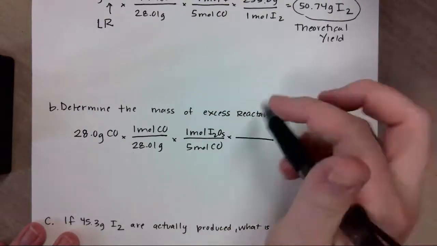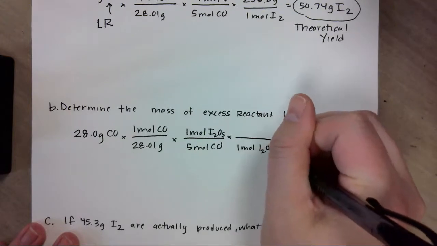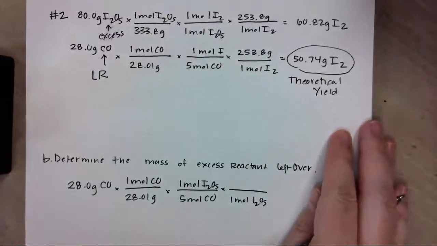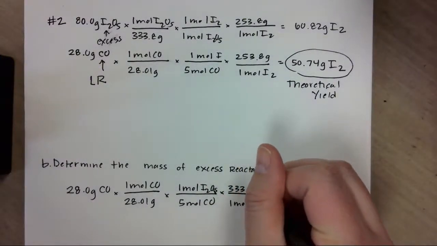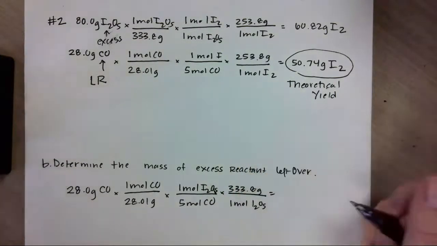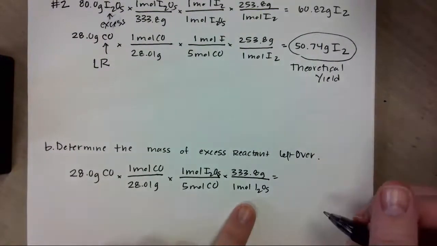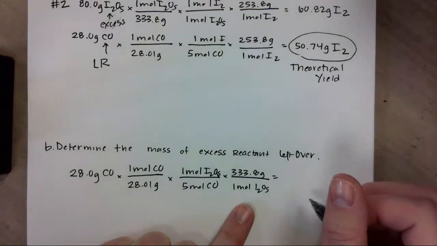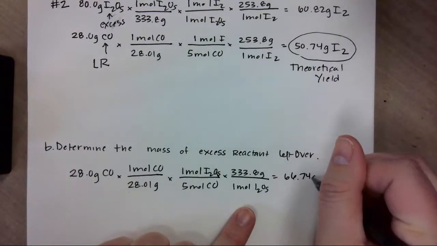Okay. And then 1 mole of I2O5, and then we'll check that mass up here, which is 333.8 grams. Okay, so I'm going to put this into my calculator, do the stoichiometry and the dimensional analysis, and I end up getting 66.74 grams of I2O5.